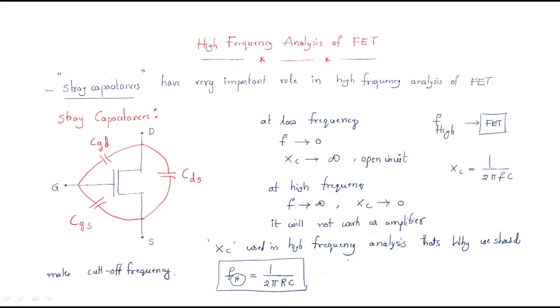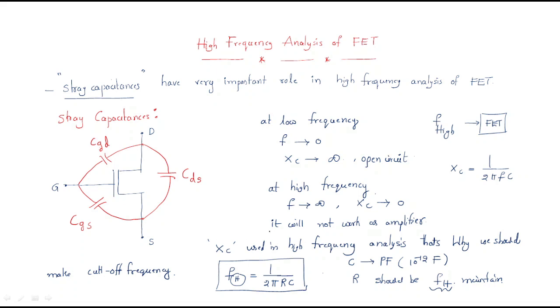Here C should always be in picofarad, which means 10 power minus 12 farads, and to maintain FH we should take the R value. Then it will operate very perfectly.